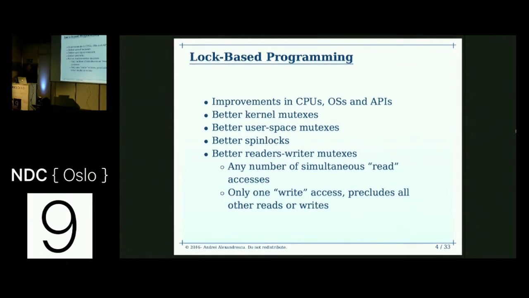So there's been a lot of improvements in CPUs, operating systems, APIs: better kernel-level mutexes, better user-space mutexes, better spin locks, better readers-writer mutexes. So again, just to define terms a bit, could someone tell us what the many-readers, one-writer mutex is? What is that? Yes, please.